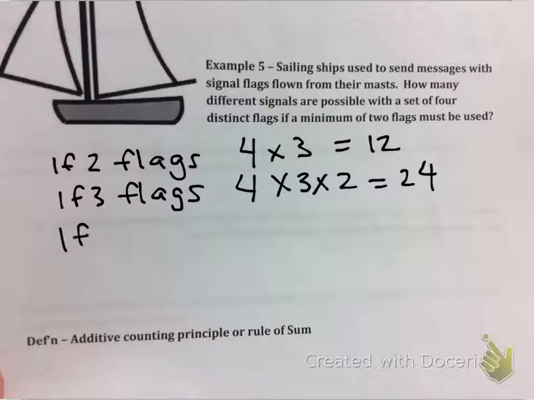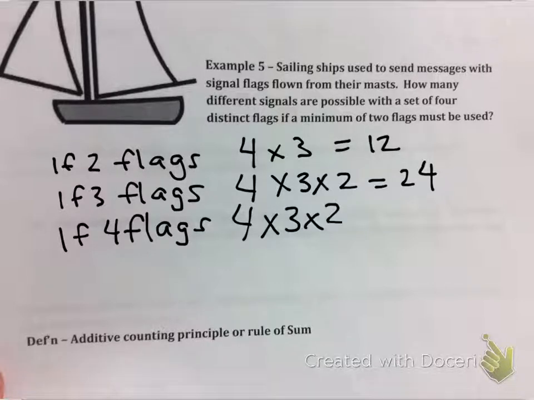And if I use 4 flags, I have 4 times 3 times 2 times 1 ways to pick that, which is also 24.